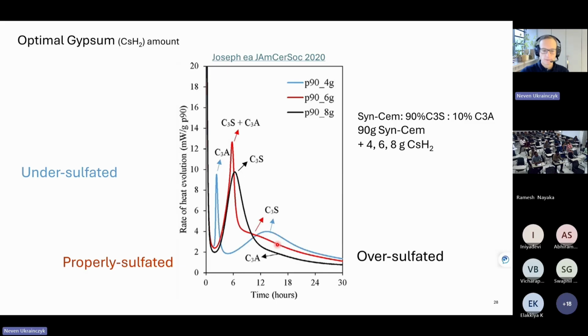Then you can reduce the cement clinker by 50%, but you need to again optimize the sulfate content. And you need to know the reactivity of the clay, of course, very important. And this we will talk about further on day 2.